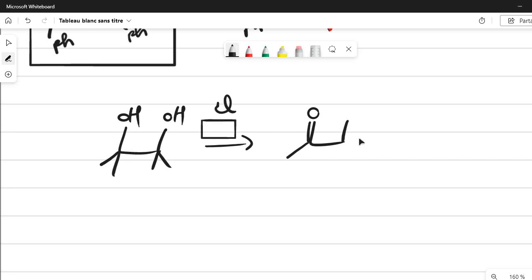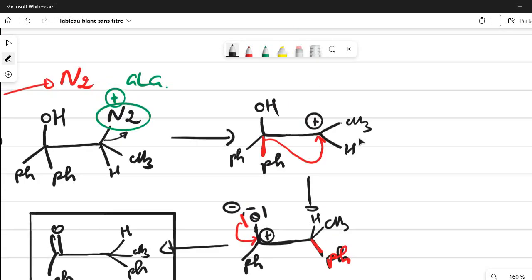For example, if we add a chlorine, it's going to be a Cl here. Okay, so it depends on what we have here. Okay, so the same reaction, the same mechanism as we have seen before in the two videos.